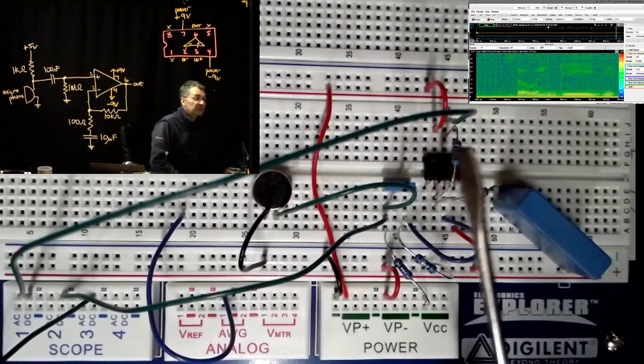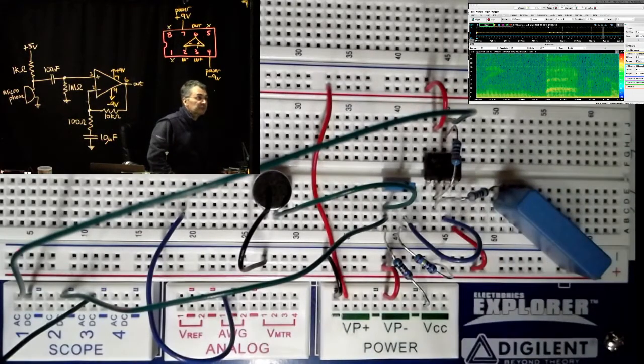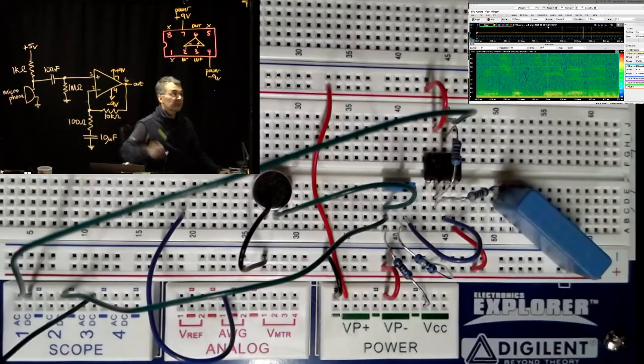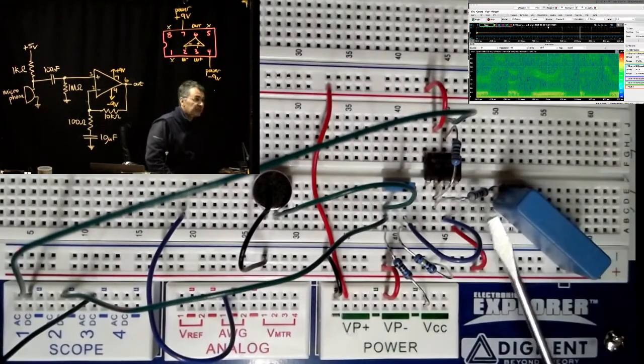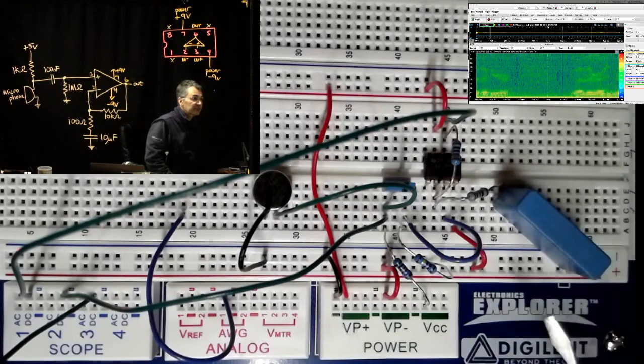Indeed you see this 10K resistor coming back from pin 6, the output, back to pin 2, the inverting input. And then we should see this 100 ohm resistor. So here's the 100 ohm resistor going over to one end of the capacitor, this gigantic blue capacitor here. The other end of the capacitor goes to ground.